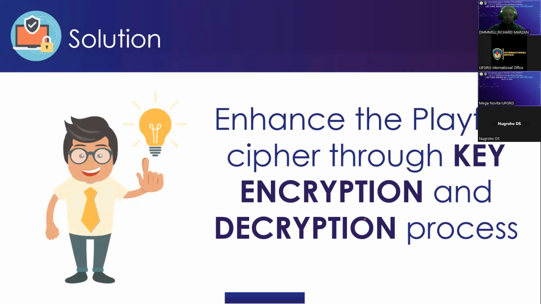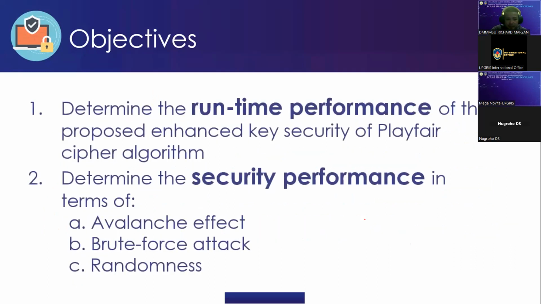You have to encrypt the key before sending it to the receiver. The objective of this study is to determine the runtime performance, the time of encrypting and decrypting the key, and next, to determine the security performance in terms of avalanche effect.